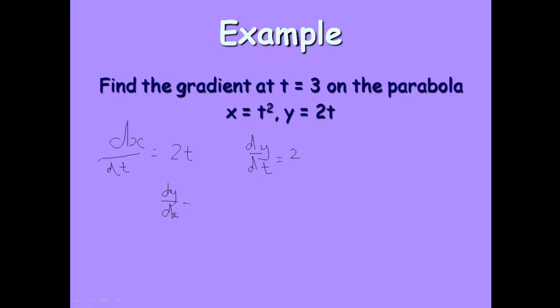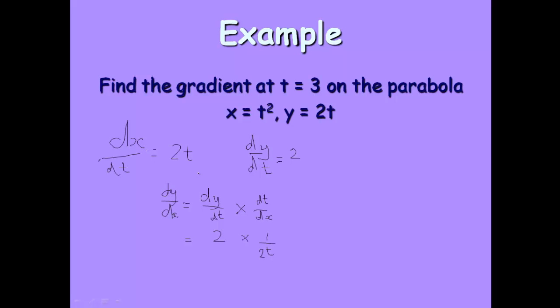Now remember back, dy/dx equals dy/dt times dt/dx. So we need to flip our dx/dt term. So dy/dt is as it is, which is just 2, and we get 1 over 2t, the reciprocal of the dx/dt.